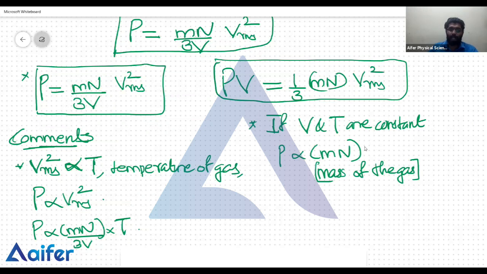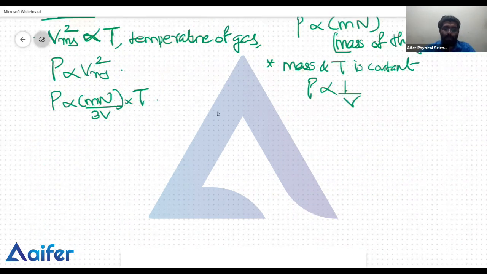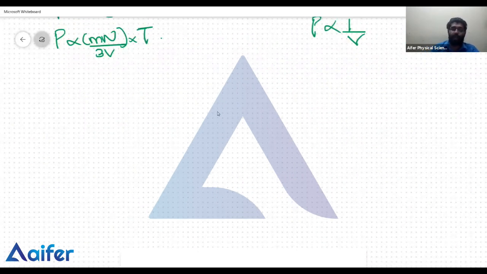Suppose I am holding mass constant and T held constant. If you remember your high school classes, if T is held constant, P is proportional to 1 by V, which is nothing but Boyle's law. So by treating two variables as constant, we can find the relation between pressure and the other variable. So that's all about the concept of pressure of the ideal gas on the container.